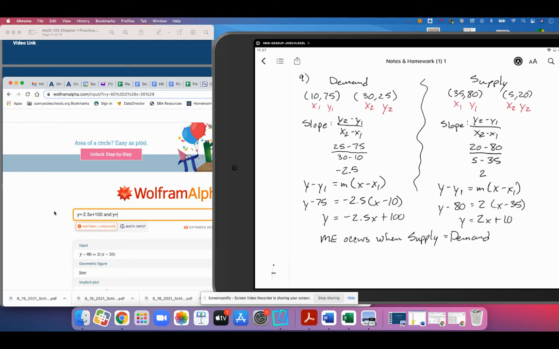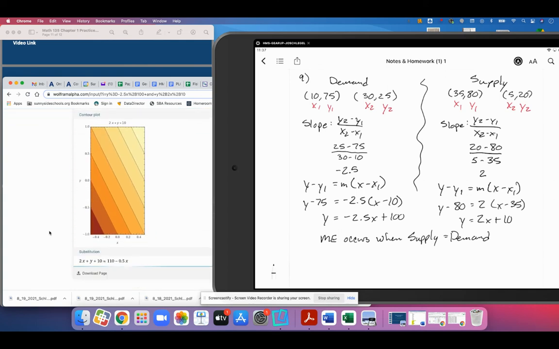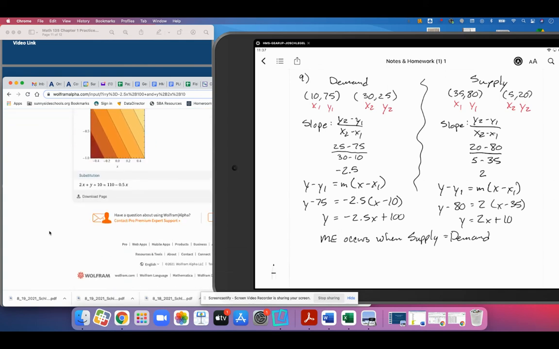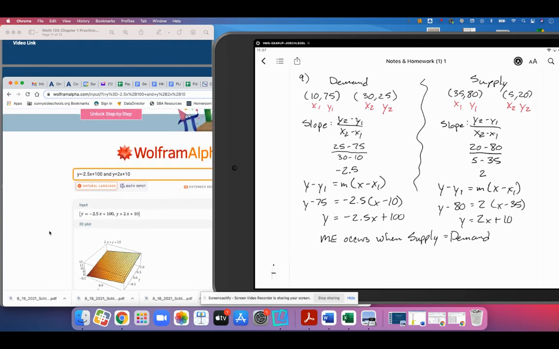Separate these with the word and, so we get first equation and the second equation. And we end up with something that needs to be fixed. I put a plus there instead of an equal sign. My bad.